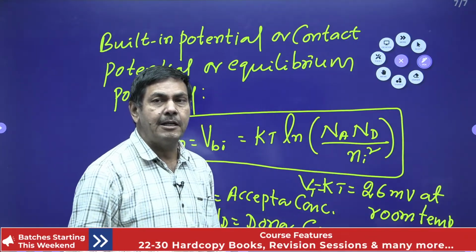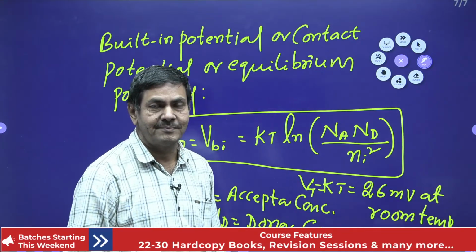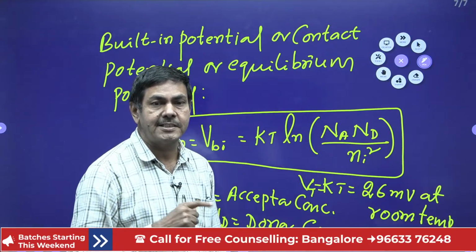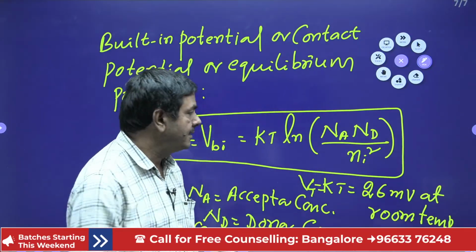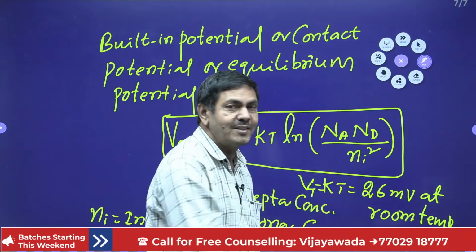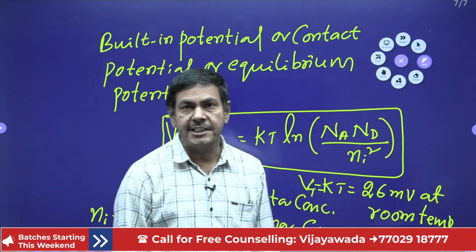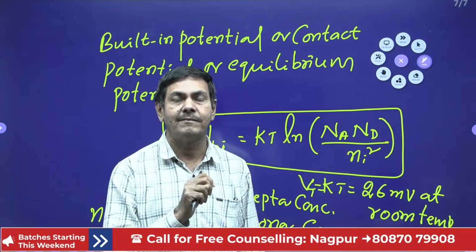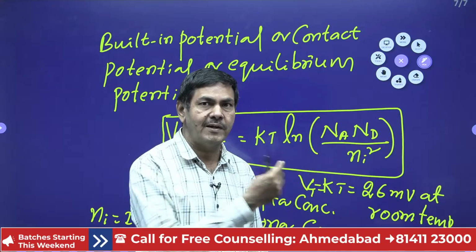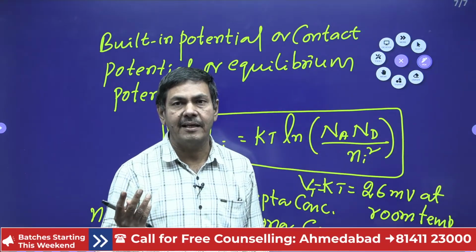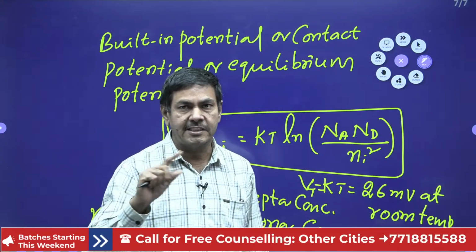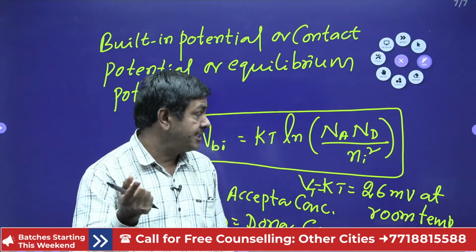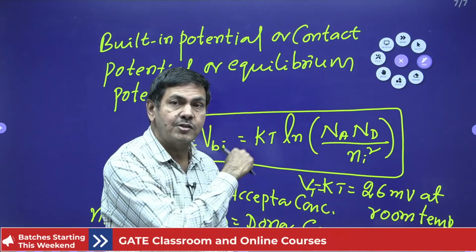The second is temperature. When the temperature changes, the Ni value changes. Intrinsic concentration depends on two factors. One is the type of material: germanium has one value of Ni, silicon has another value. When the type of material changes, Ni changes, and so V0 also changes.